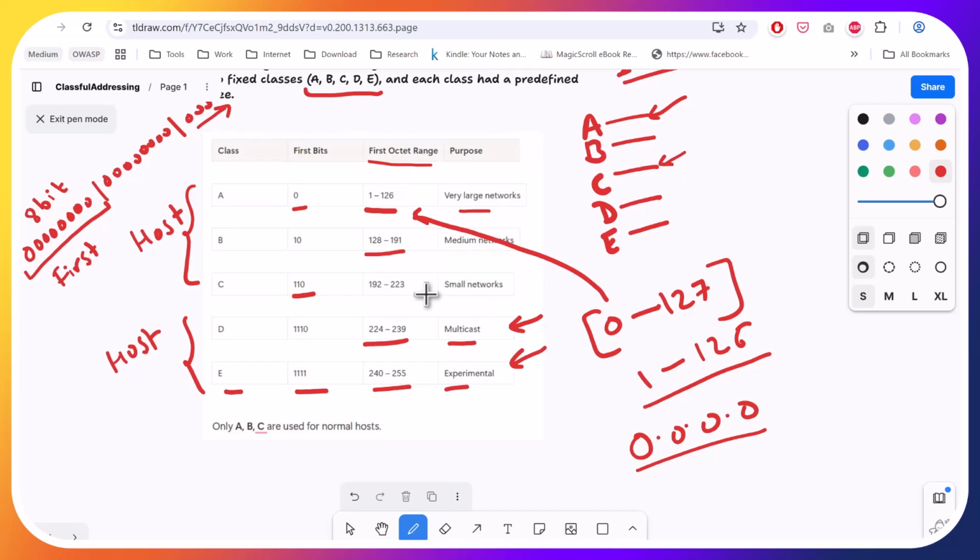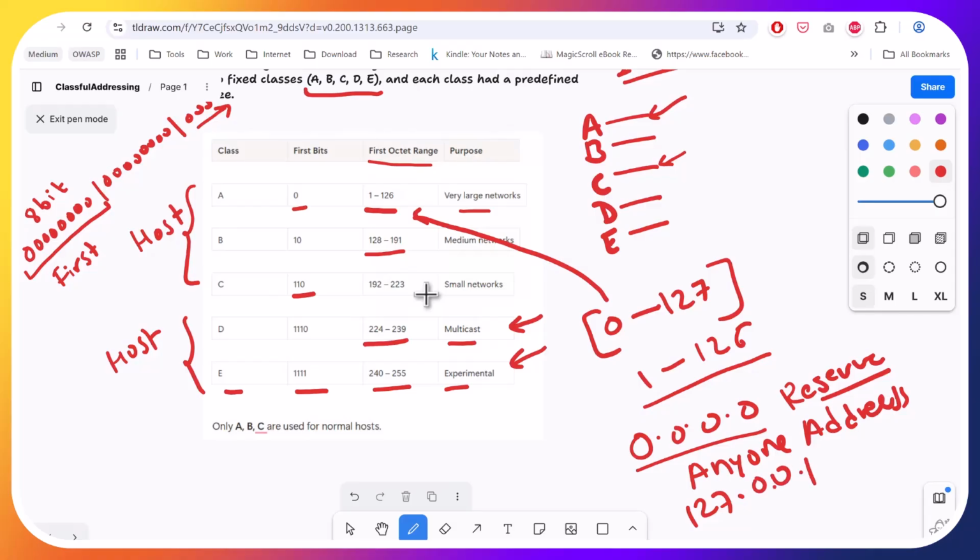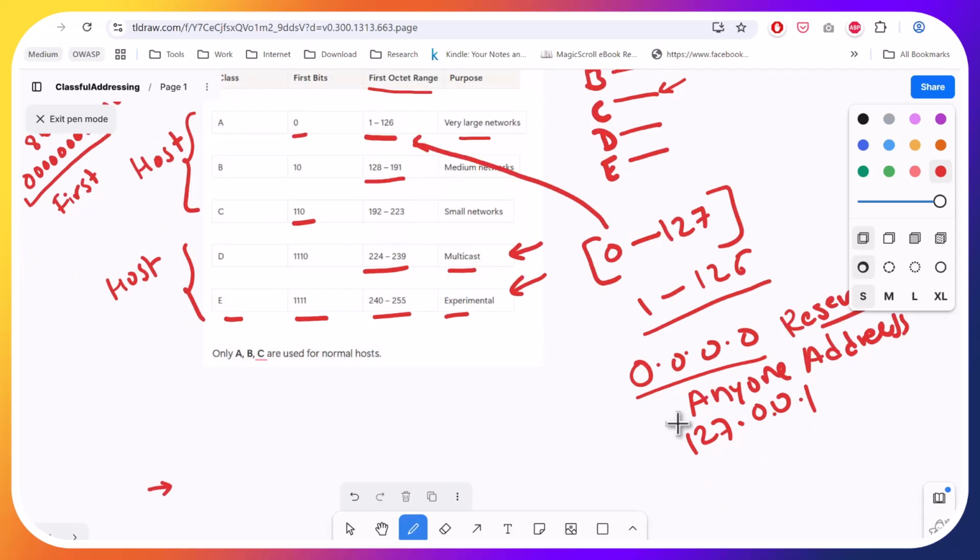This is for any address, a reserved address, so we cannot use it. Now 127.0.0.1 and all this range, the 127 range, we cannot use. Again, why? That is for your dev purpose.